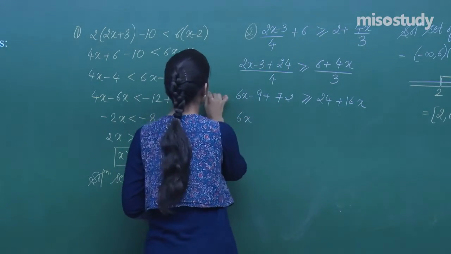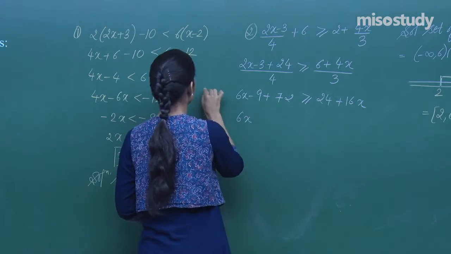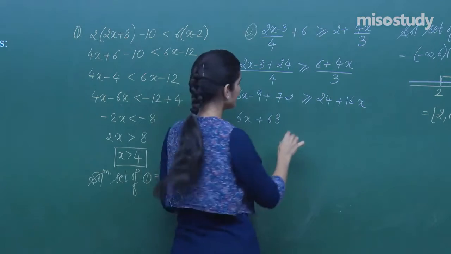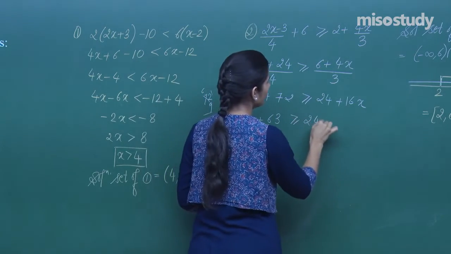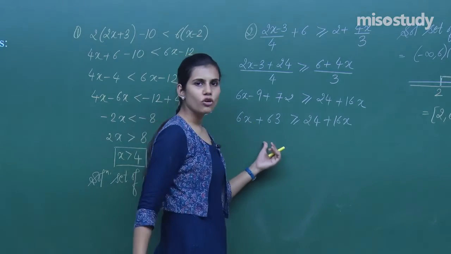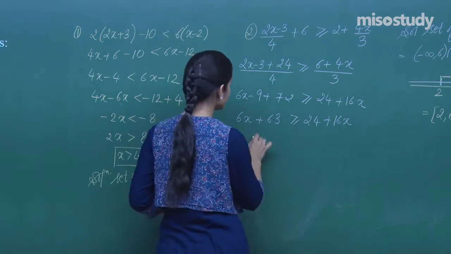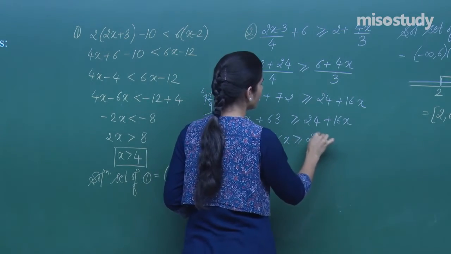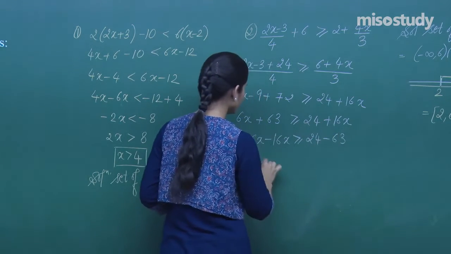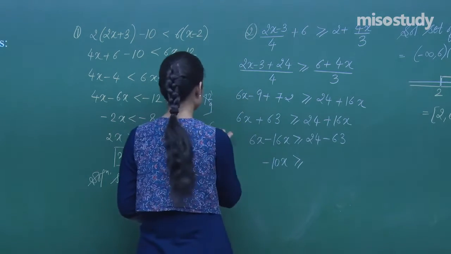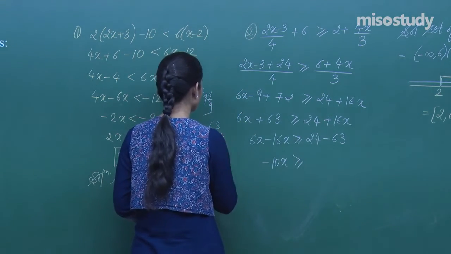This gives me what? This is 63, right? Greater than or equal to 24 plus 16x. After this you need to bring all the x's to one side, all the constants on the other side. 6x minus 16x is greater than or equal to 24 minus 63. This gives you minus 10x is greater than or equal to, what is 63 minus 24?